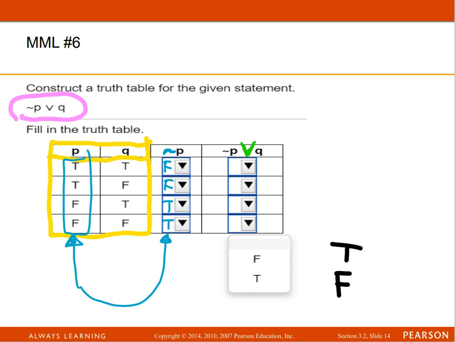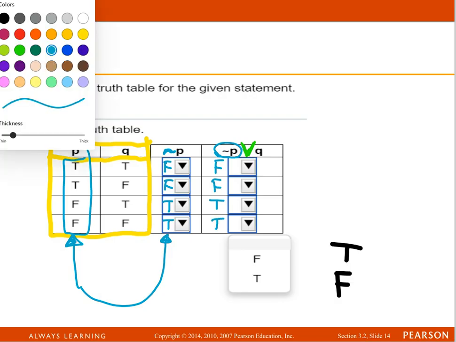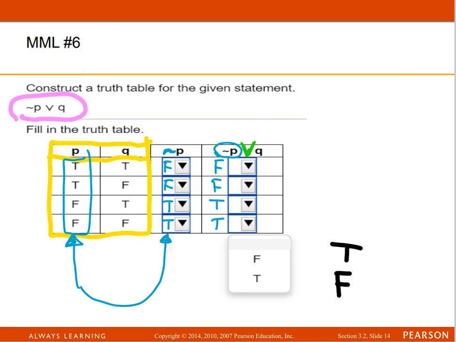Sometimes it helps if you have them side by side. So I'm going to go ahead and copy. When we did the negation of P, it came out to be false, false, true, true. And then Q was given to me over here. Here's Q. That was true, false, true, false.